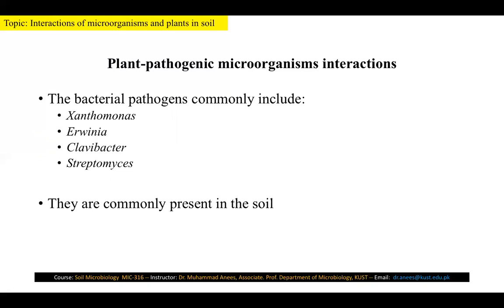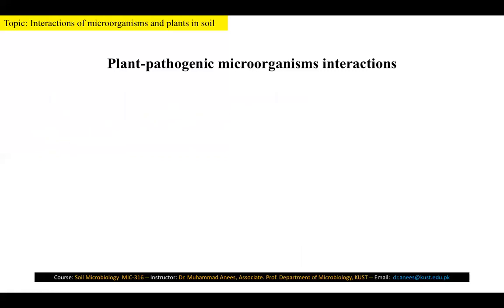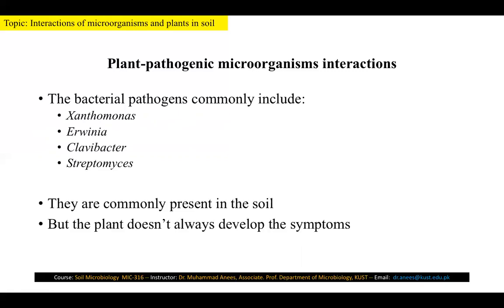These are commonly present in the soil, and it is not certain that if they are present, they will cause symptoms. The plant doesn't always develop symptoms. The symptoms are developed in particular conditions and depend on the plant's susceptibility to the pathogen.